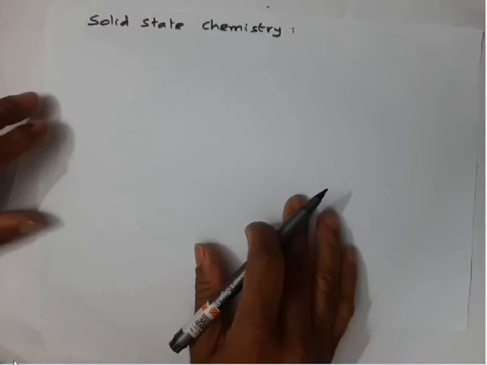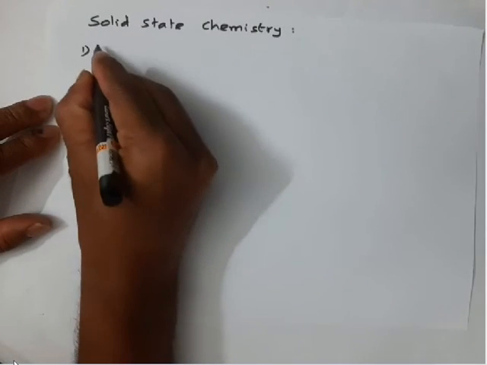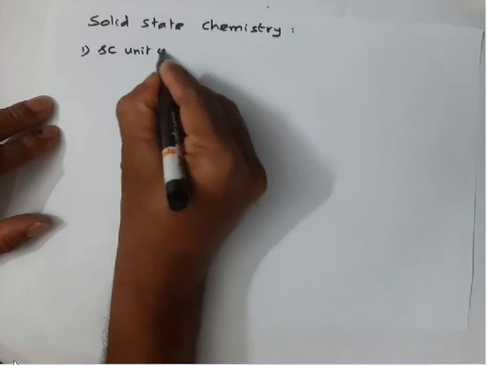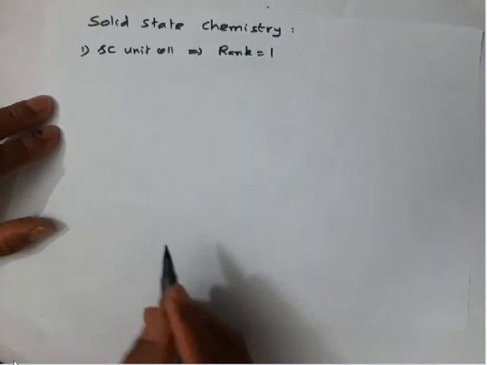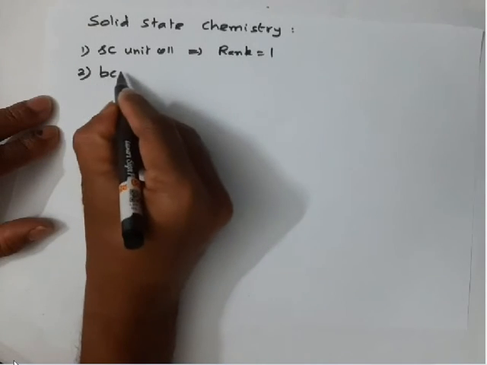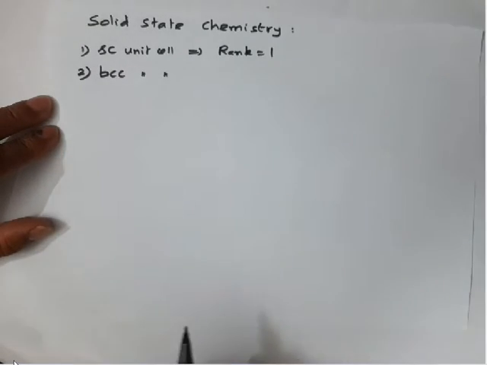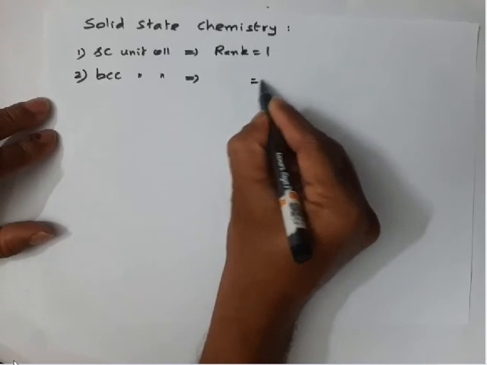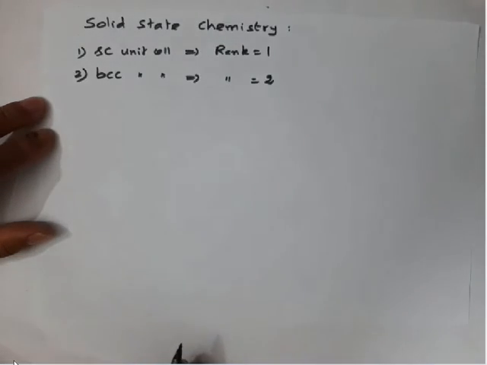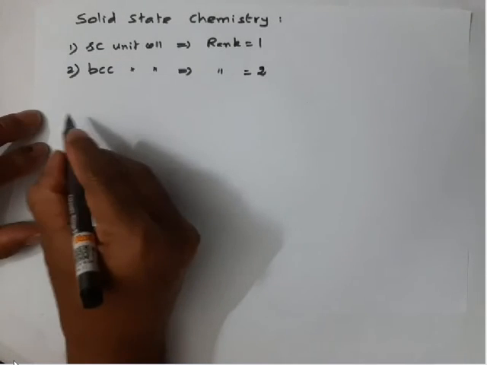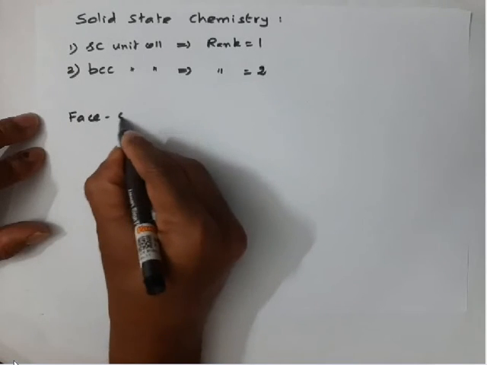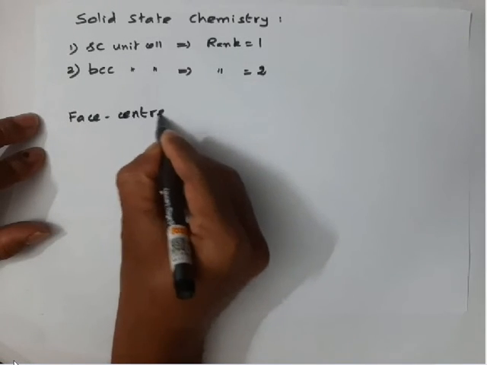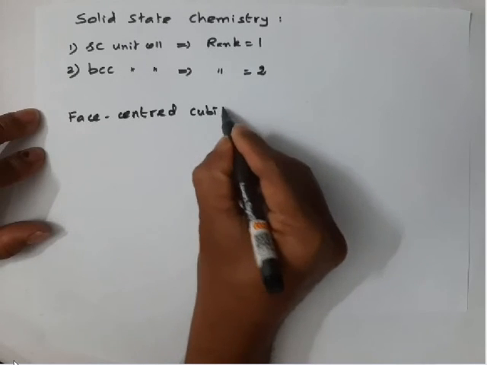We have discussed the simple cubic unit cell, where rank equals 1, then the body centered cubic unit cell, where rank equals 2. Now what about the face centered unit cell? The next one is the face centered cubic unit cell. I am going to take cubic.